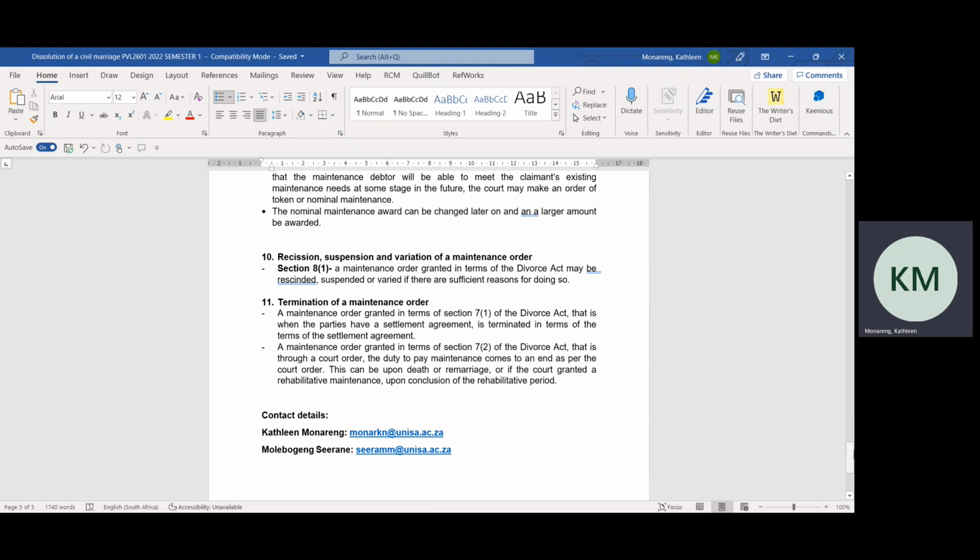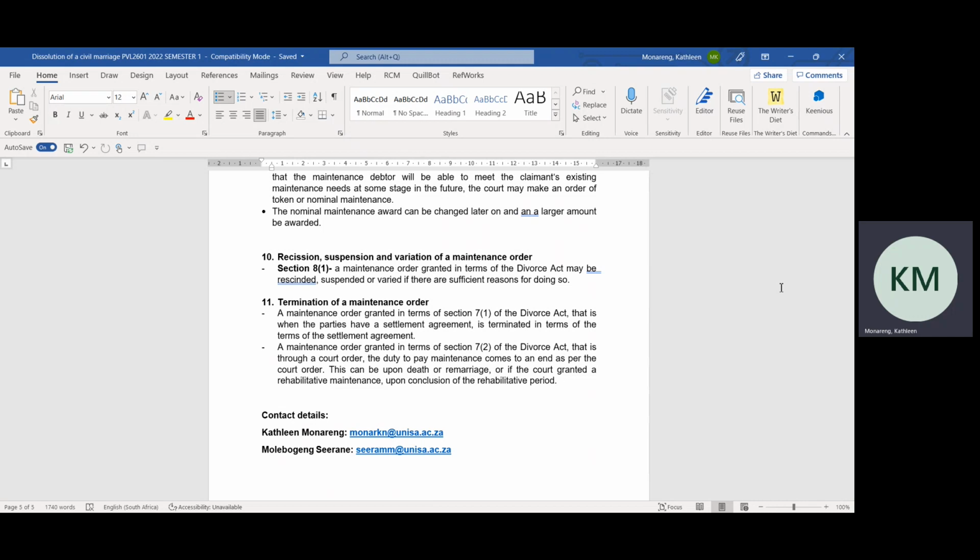But in terms of section 7 subsection 2, where the maintenance is ordered through the discretion of a court, the maintenance will come to an end either when the spouse who is getting the maintenance gets married or passes away, or the spouse who pays the maintenance passes away.